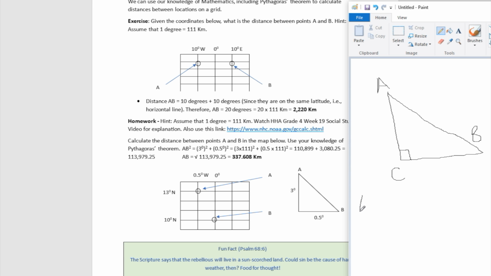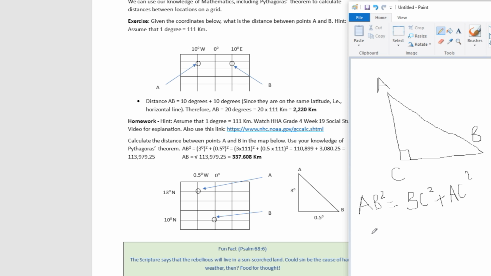Now, the Pythagoras Theorem states that AB squared, can you remember that from your 3rd grade mathematics and 4th grade mathematics, will be equivalent to BC squared plus AC squared.